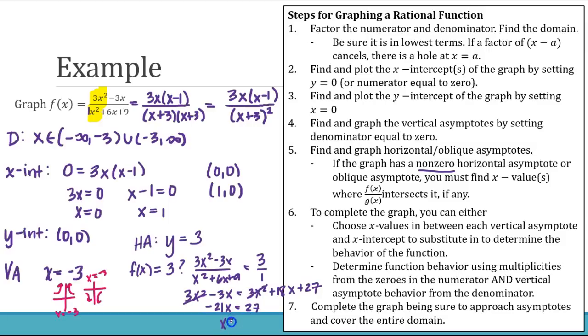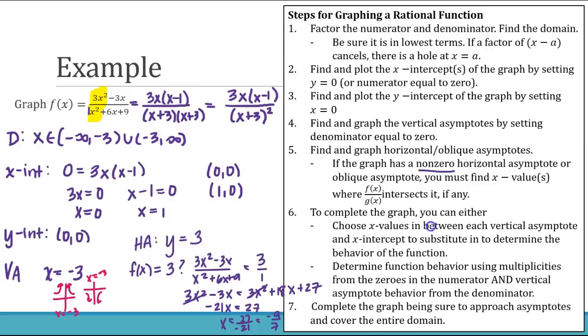So I'll actually get x equals 27 over -21. And let's see, both are divisible by 3 here, so I'll end up getting -9 over 7. So that means that I am going to intersect my horizontal asymptote at the x value -9/7.